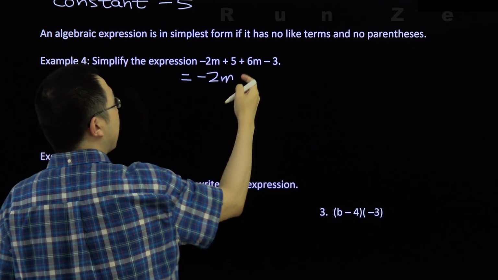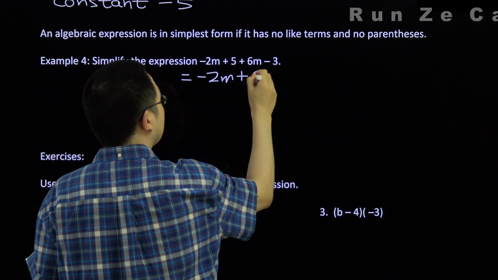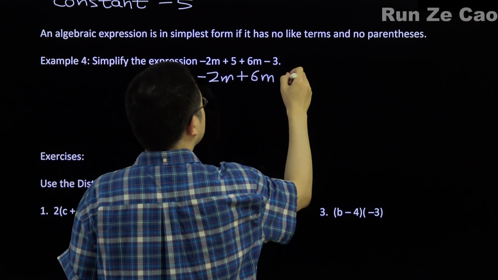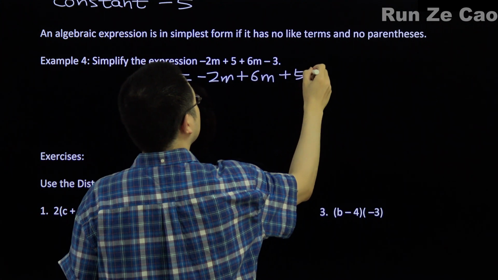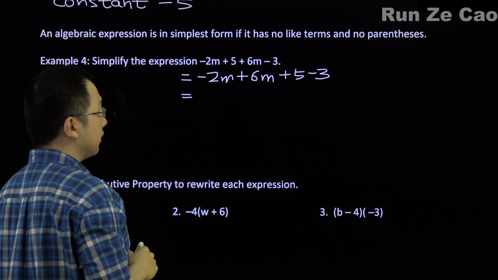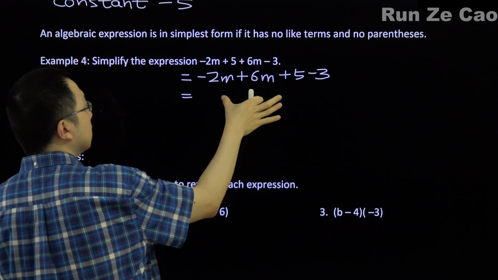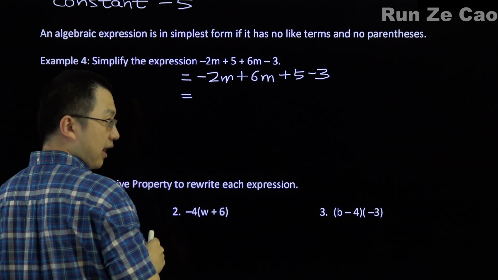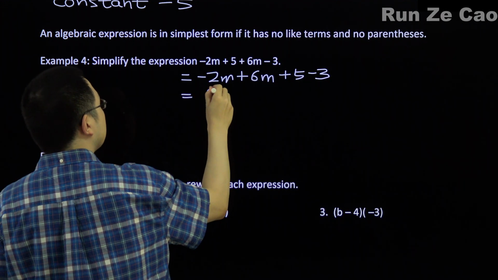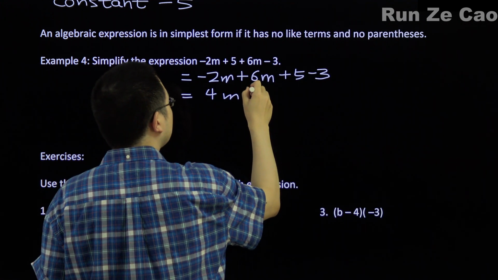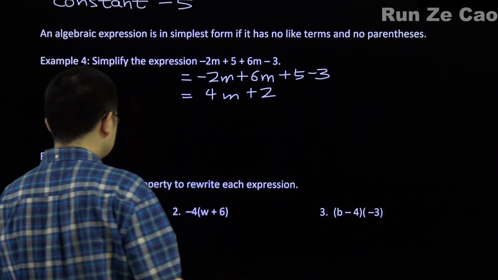So negative 2m and positive 6m are like terms. Plus 5 and minus 3 are like terms. Okay, then you group the like terms, and then you add them together. Negative 2m plus 6m is 4m, and plus 5 minus 3 is plus 2.